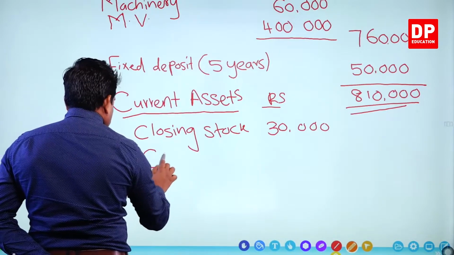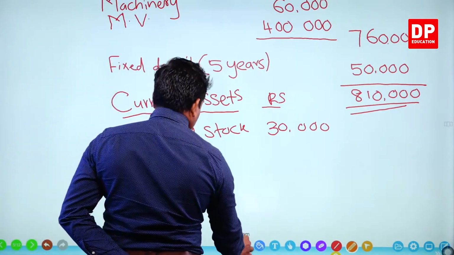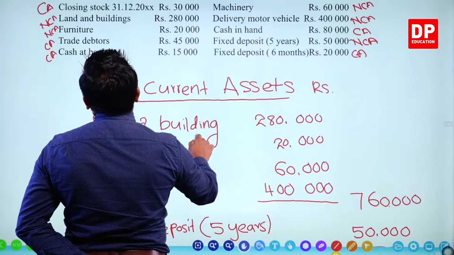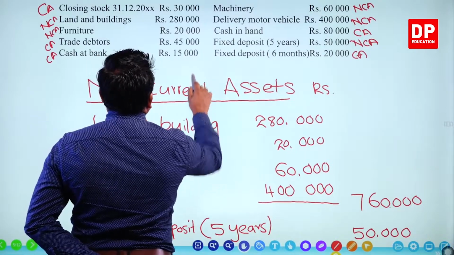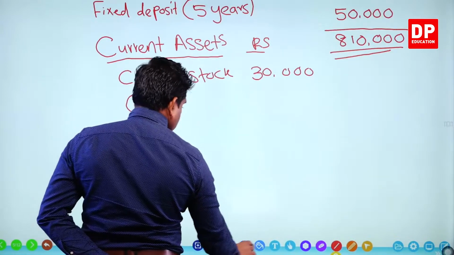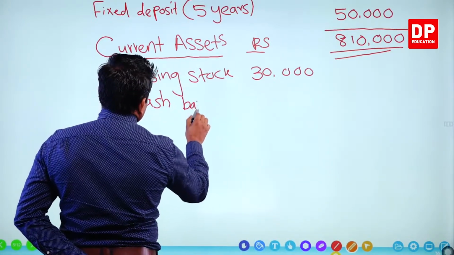Then cash. Is it cash in hand or cash at bank? We'll see. Cash at bank 15,000, right?